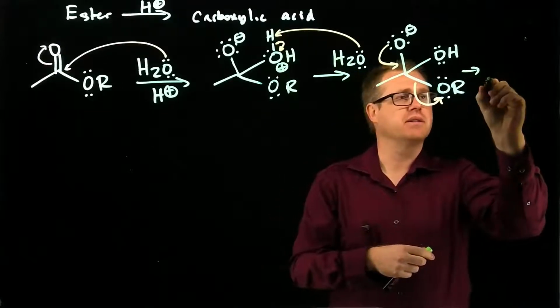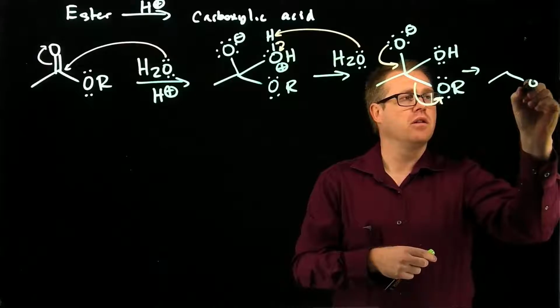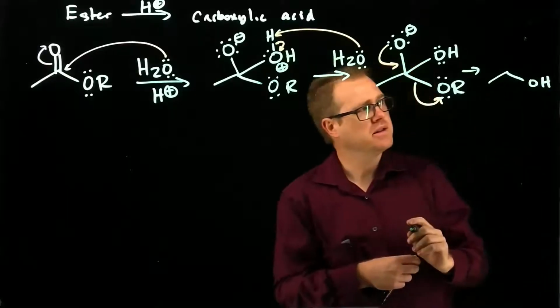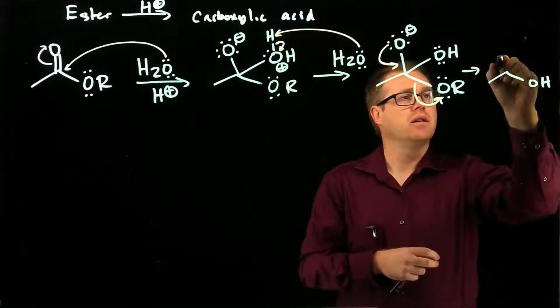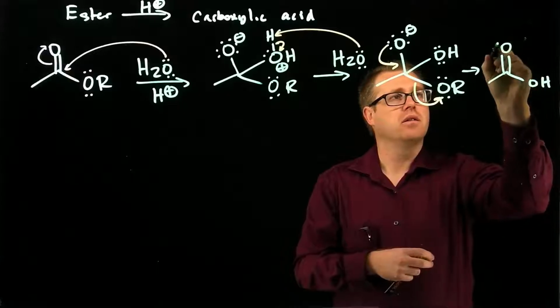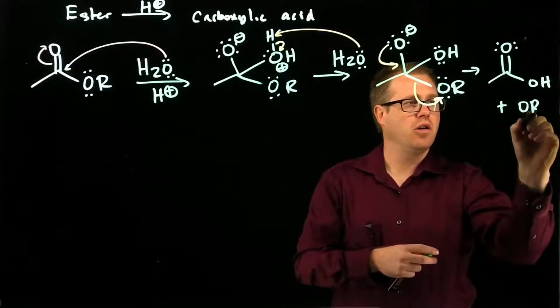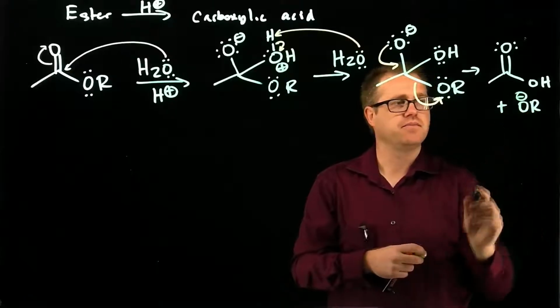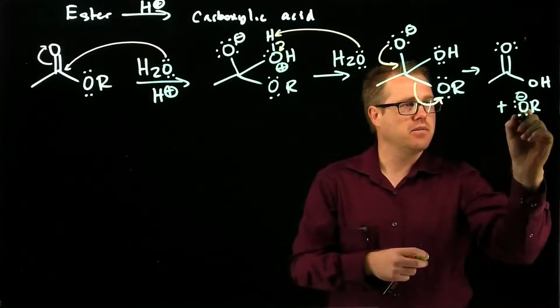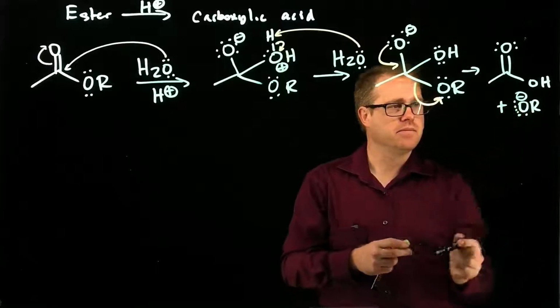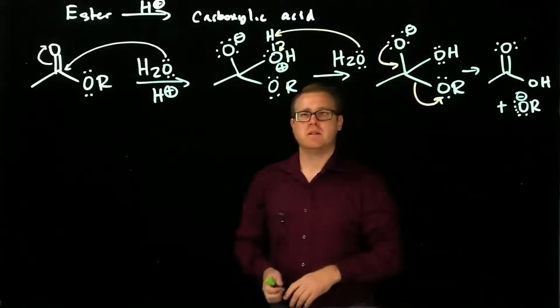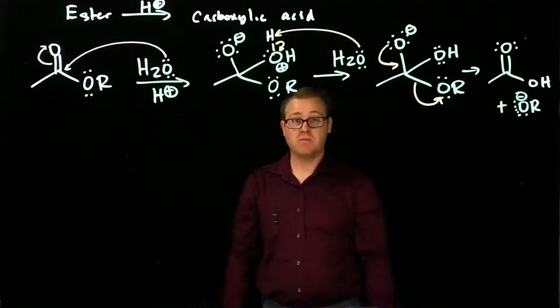Now I'm going to shrink this down to keep it all on the same page here. And then we would have the OR minus, because there would be 3 lone pairs. Okay, so that's a proposed mechanism.